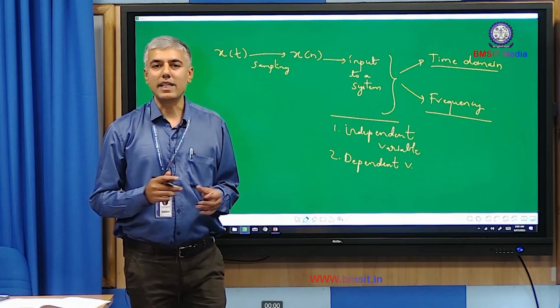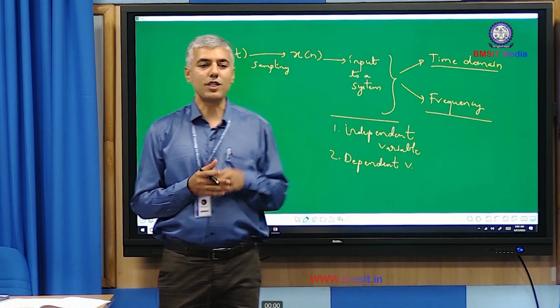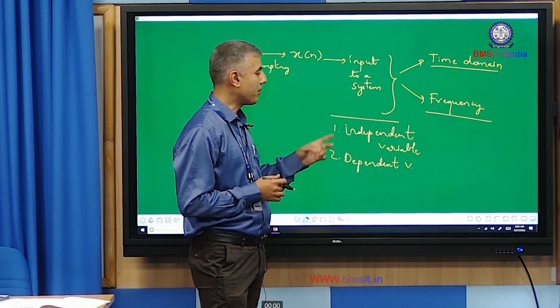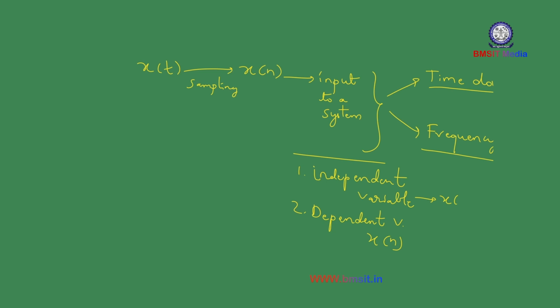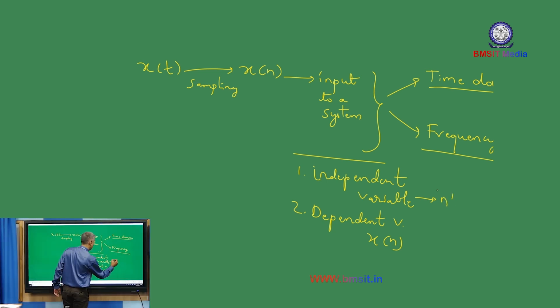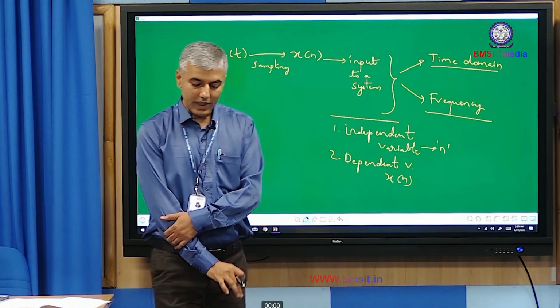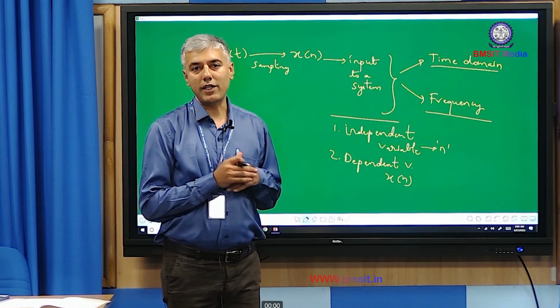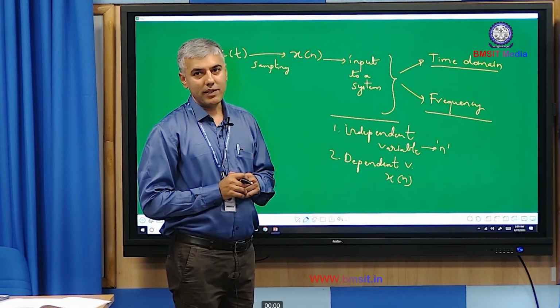The independent variable is the time, and the dependent variable is the function of that independent variable, like x of n. So I can write here x of n as the dependent variable and only n as the independent variable.